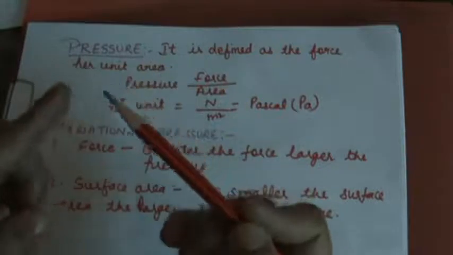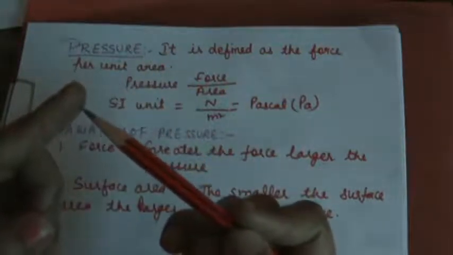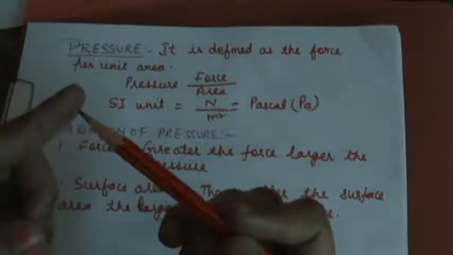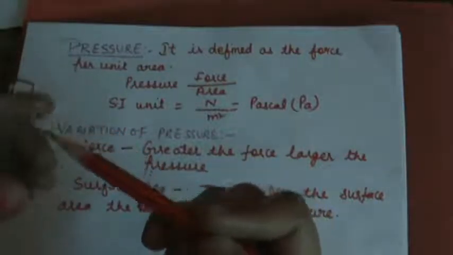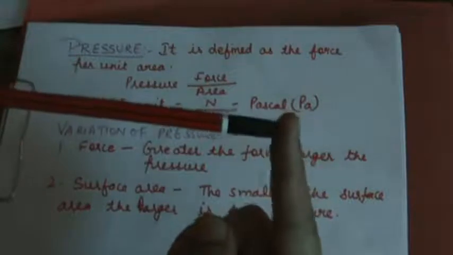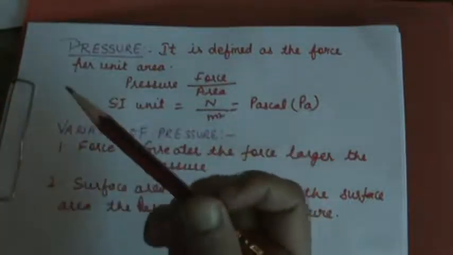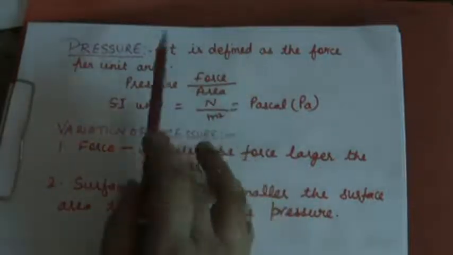It means the force of contact applied by this finger is large and the area of contact is less. Here the area of contact is large. Then now you can understand what is pressure.